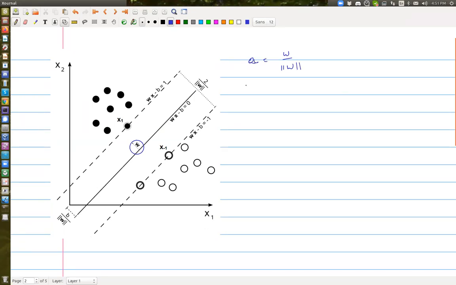A is normalized, remember, the norm of A is equal to 1. And W itself doesn't necessarily have to be 1. So the inner product of W with itself is equal to the norm of W squared.